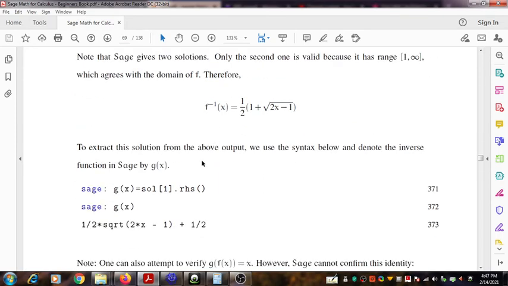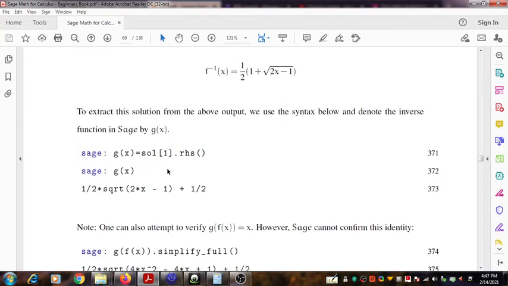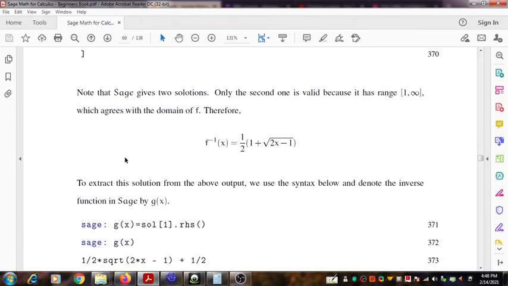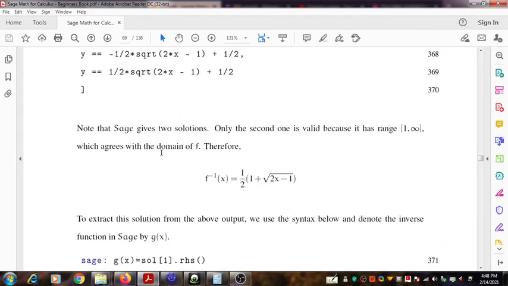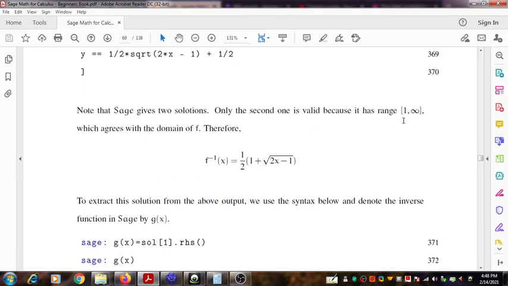And that's the question now: to extract the solution from the above output, we use the syntax given below, and we shall denote the inverse function by gx. We want to extract that value which is valid in the interval 1 to plus infinity.